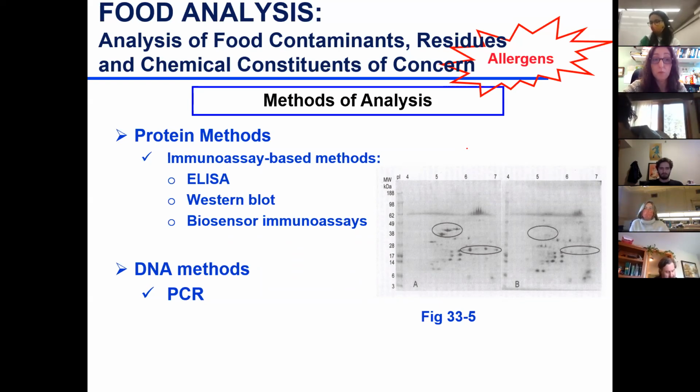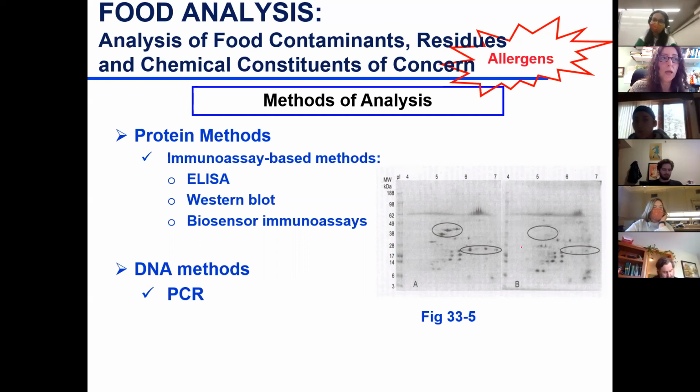The protein methods would be good methods, but we also have some limitations there. This image, figure 33.5 in your book, shows an extract from peanut. One of the most allergenic protein components of peanut is Ara h something, and they are circled here and here. In image A, you can see them with the Western blot. In image B, you don't see them.